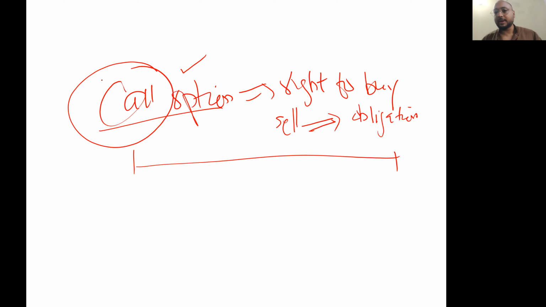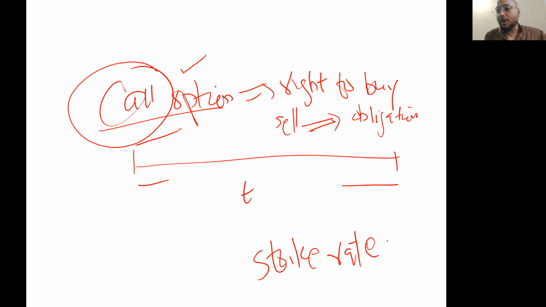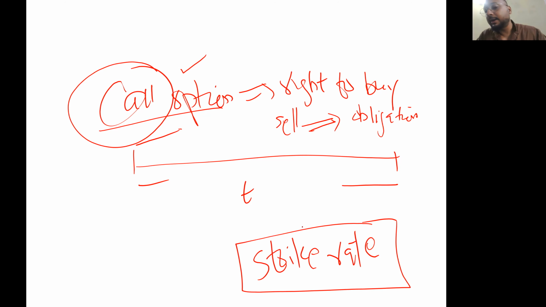I don't want to honor the contract, that's it, because this is called an option. Same, it has the time T, but here the rate is called the strike rate. Like in forward and future, we call the rate mentioned in the contract the forward rate or future rate, but here the contract rate is called the strike rate.